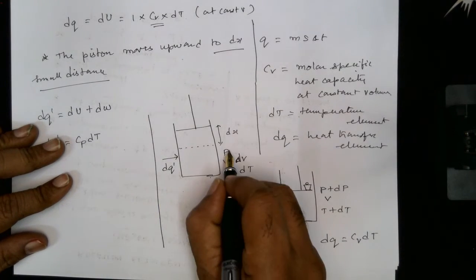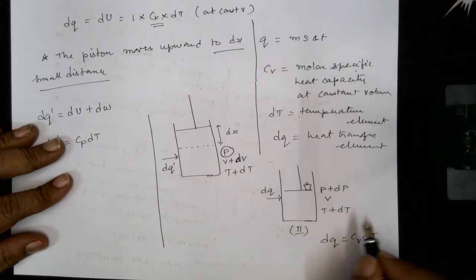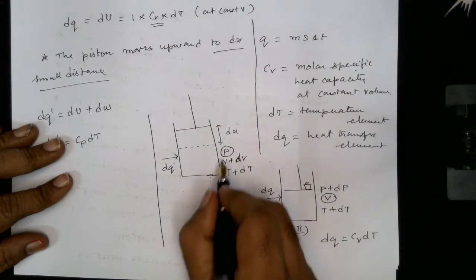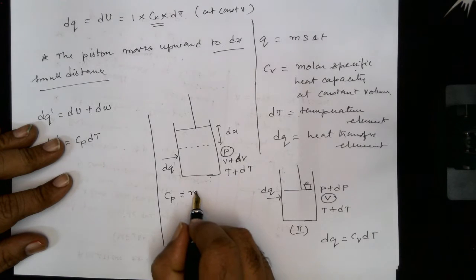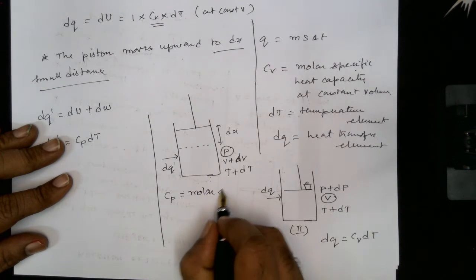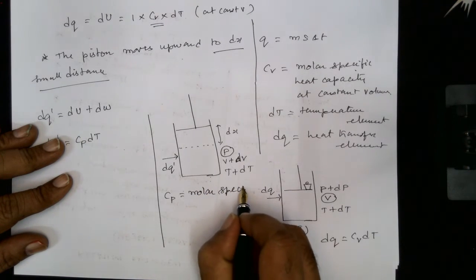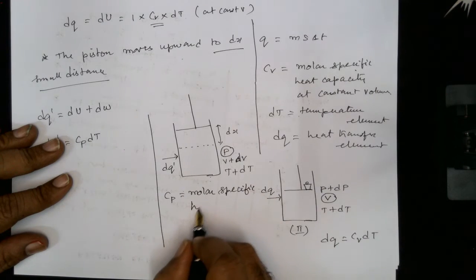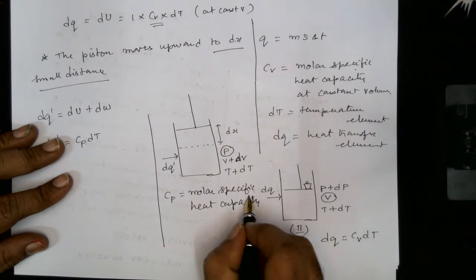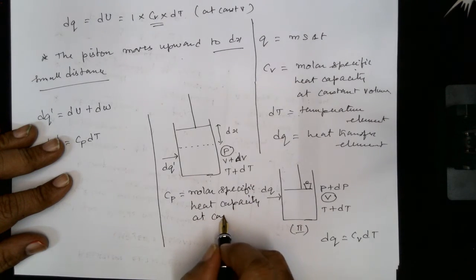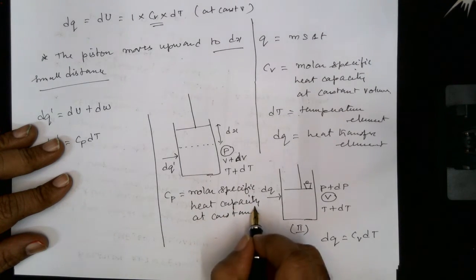Here it is at constant pressure, here at constant volume. So for constant pressure, I have to use this term Cp, that is molar specific heat capacity at constant pressure.